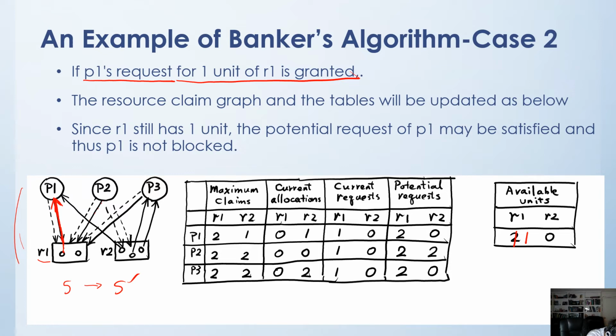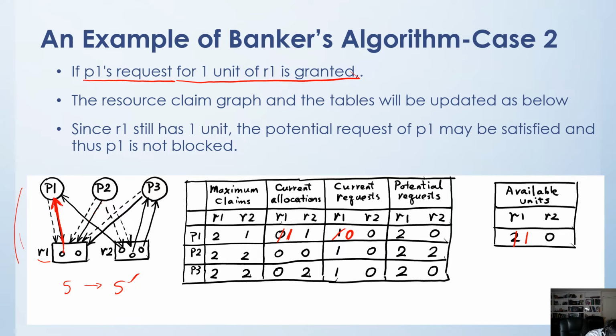This time we change P1. Initially there's no allocation. Now, because the request for R1 has been granted, the allocation switched from 0 to 1. And the current request has been switched to an allocation, so the number of requests is 0.